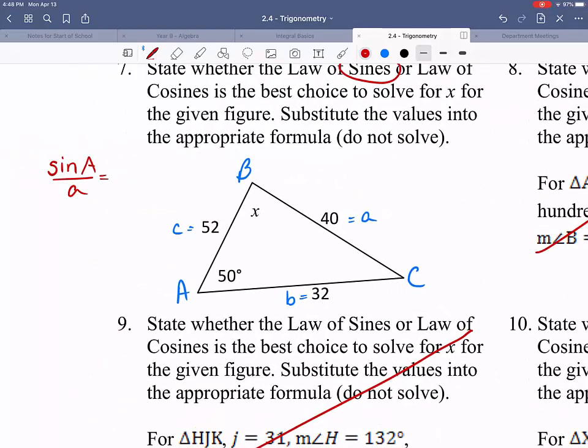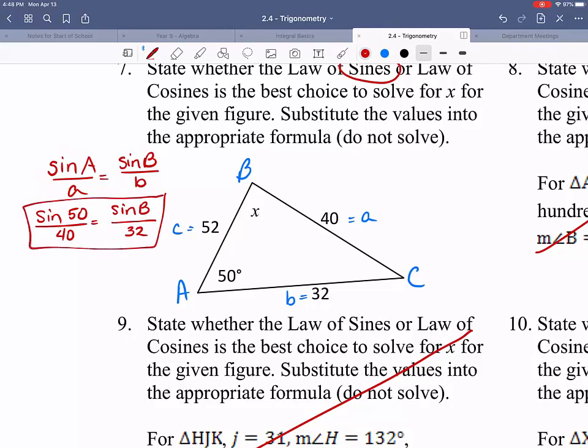B or C? I happen to be looking for the B stuff. So I'm going to put sine of B over B. So now let's plug in the numbers. Sine of A, 50, over little a, 40, equals sine of B, or X, doesn't matter, over 32. And that is the correct answer for this one.